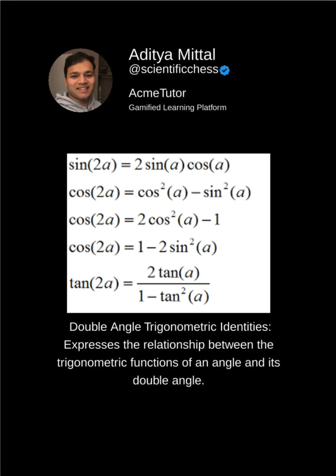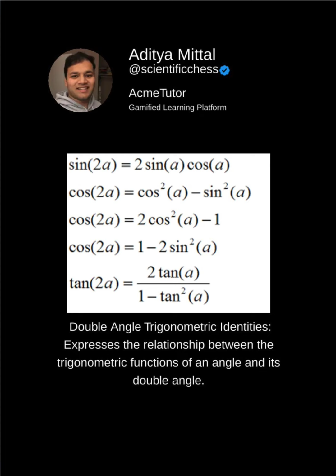Next we have the double angle formulas. You can derive all of the double angle formulas using the sum and difference formulas, because all you have to do is place the same angle twice. For example, let's say A was 30 degrees and you wanted to know the sine of 60 degrees, so that's sine of 2A.